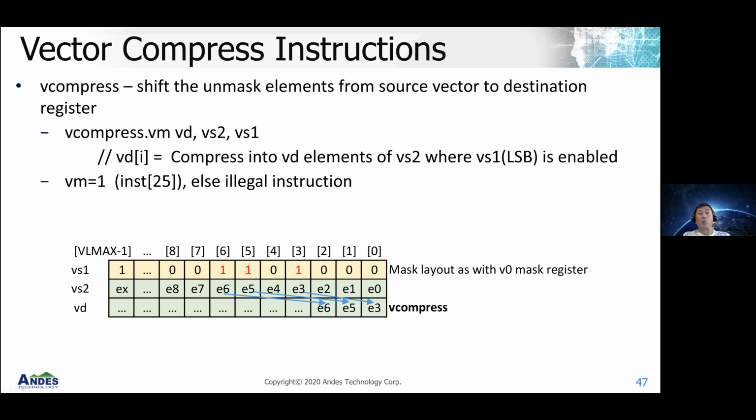And the next one will take the next source element data and put it into the next position, and so forth and so on. That's the compress instruction. The compress instruction sounds pretty simple, but when you try to implement it, it's not that simple for implementation.